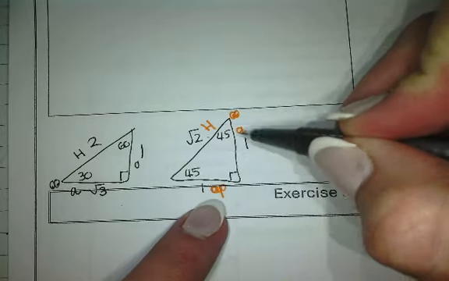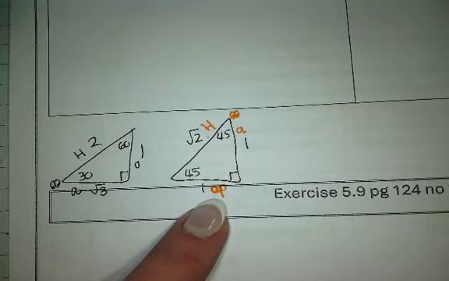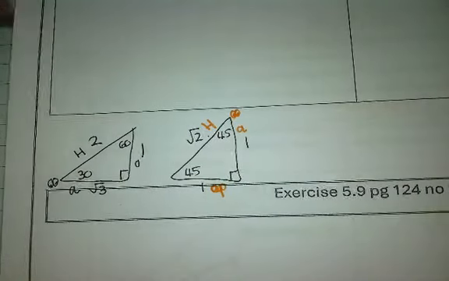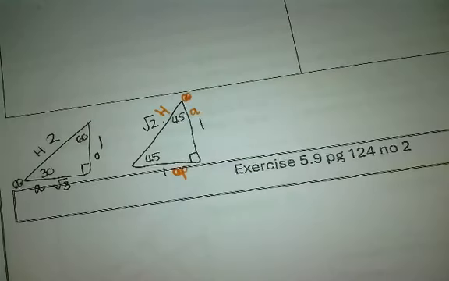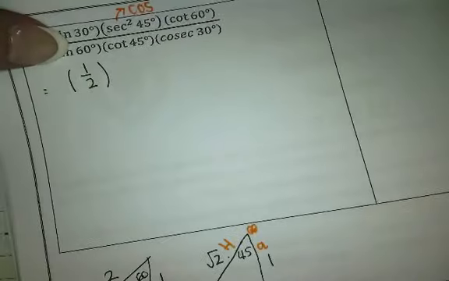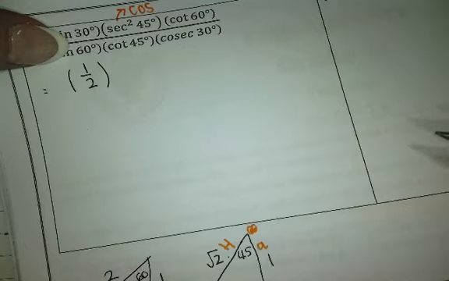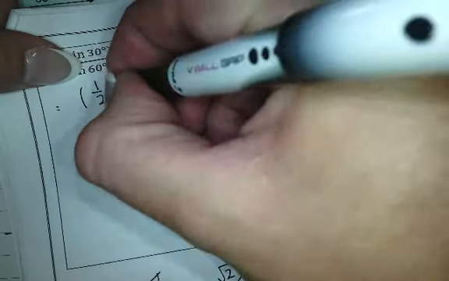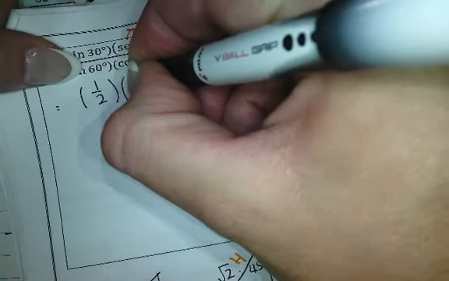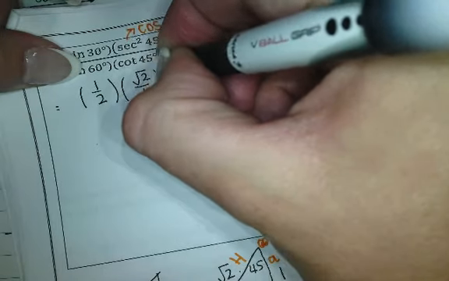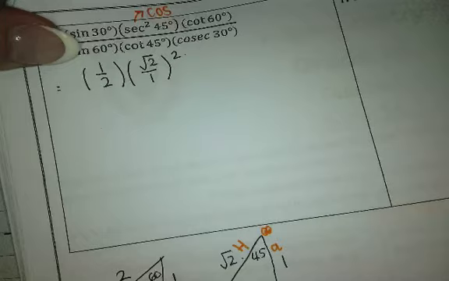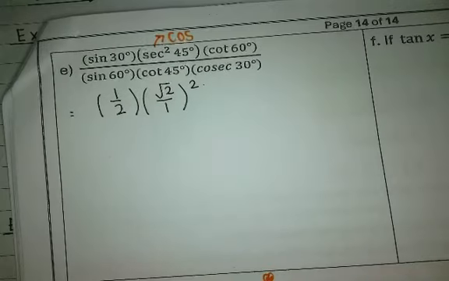So it's 1 over square root 2. Are you with me? Okay, so 1 over square root 2 is for cos. For sec, we're going to make it square root 2 over 1. You're more than welcome to do that, yes. And we're going to square it.